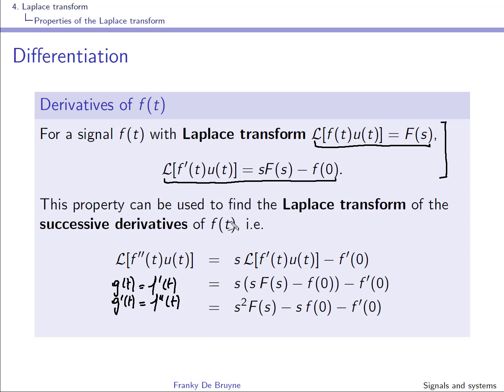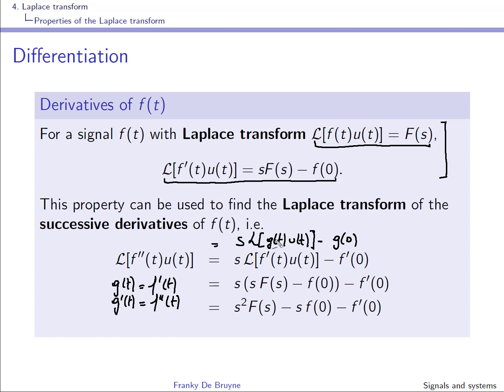So if you write this property, what you'll have is s times the Laplace transform of g of t minus g of 0.